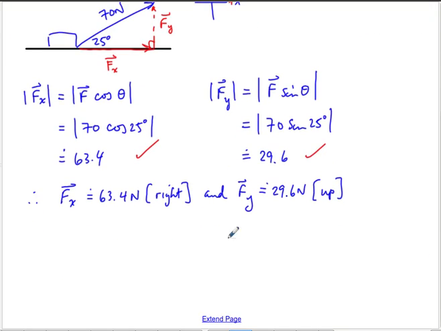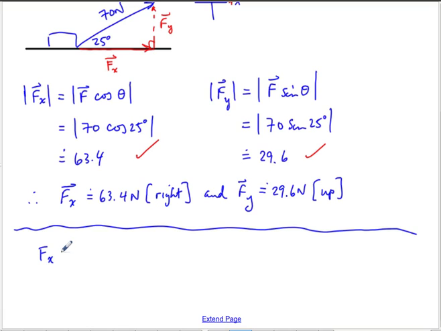Now, I mentioned there was something else that I might want to look at. Because this is a fairly simple problem, I want to discuss this, but I don't want to spend too much time on it. There's another way that we can do this, and you'll see this among people who are more familiar with physics. They'll say F of x, and they would probably just go straight to 70 cosine of 25 degrees.